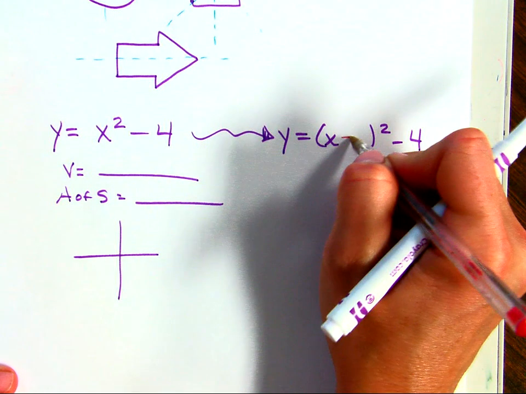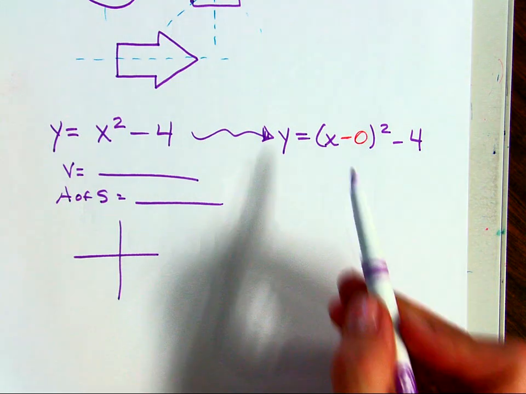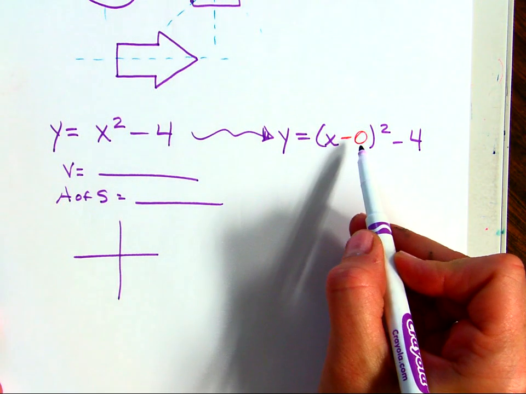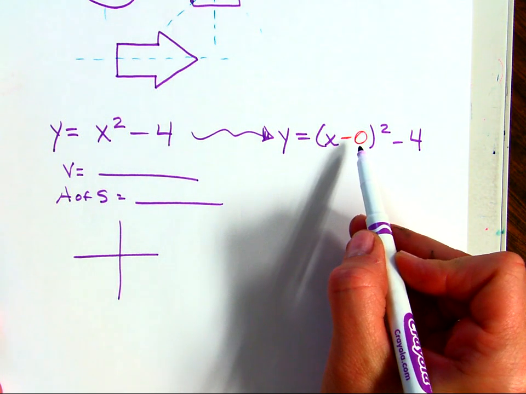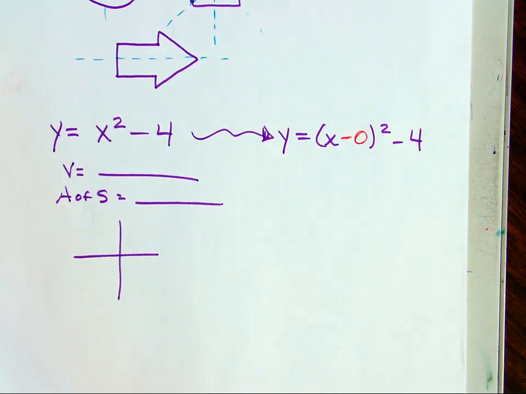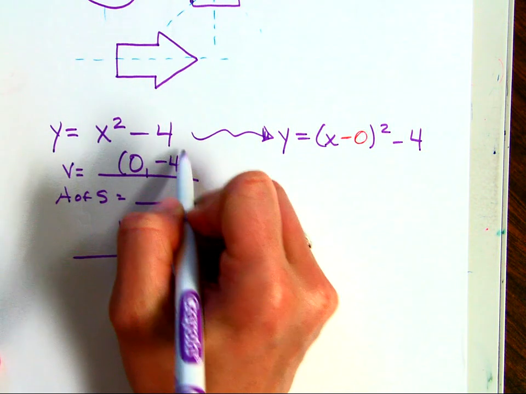So, if you see one that's not in full vertex form and you need it to be in vertex form to help you see things, then just do that.